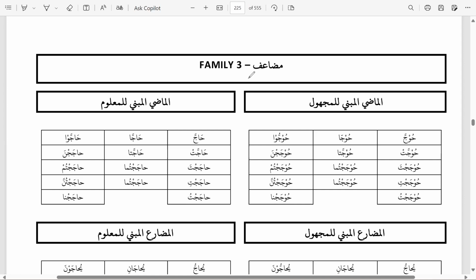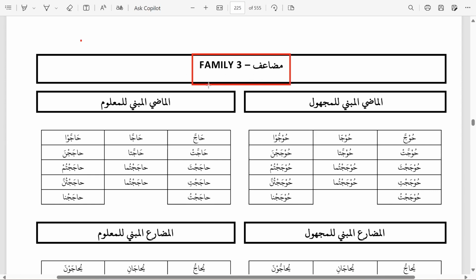Why do the Mazid Fihi families have family 3 as the first family for Sarf Kabeer for Muda'af words? Because there are no changes in family 2 and family 5. So the Muda'af words are treated the same way as regular words in family 2 and family 5.